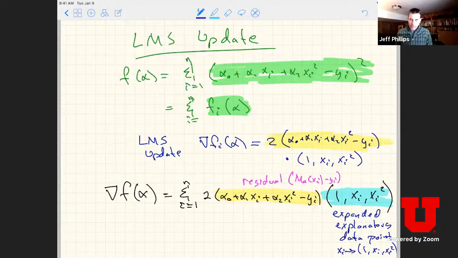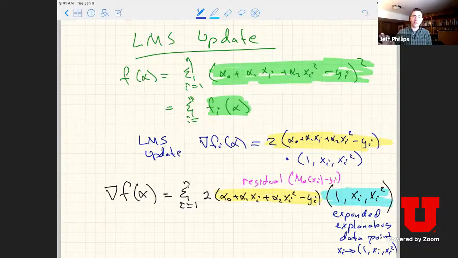So this means I'm able to write the full derivative, which is the main thing I need to run gradient descent, by just computing this for each xi and yi. It's always going to be of this form: 2 times the residual times the data point, or the expanded version of the data point. When I have a quadratic loss function, it's going to look like that.